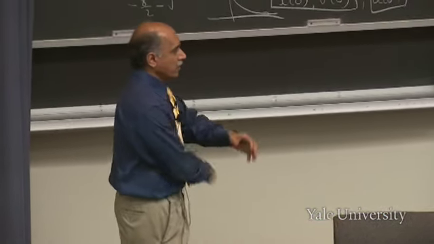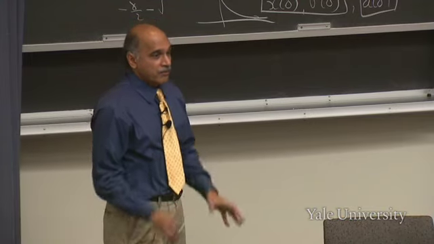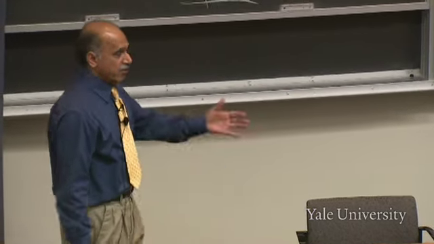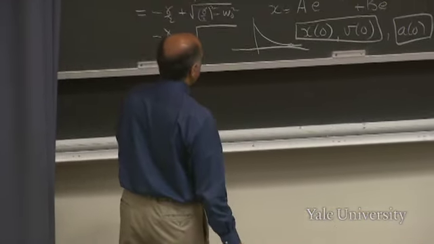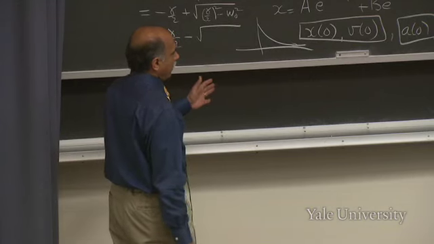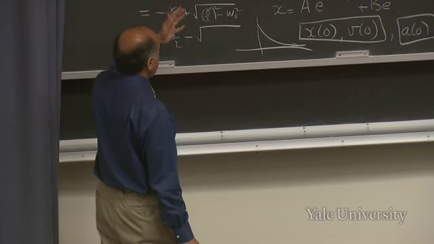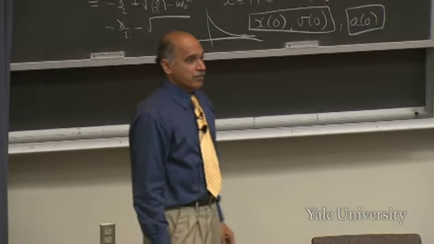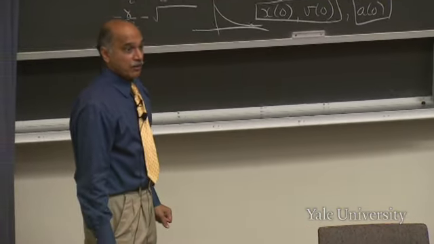I'm not sure I heard the exact answer, but it sounds close enough to what I had in mind, which is Newton will tell you what the acceleration of a body is. Namely, mass times acceleration is the force, and the force, once it's given in any given problem, which is given by where the body is and what the velocity is in this example, you have no choice on what the acceleration is. But initial position and velocity are not given by Newton's law.